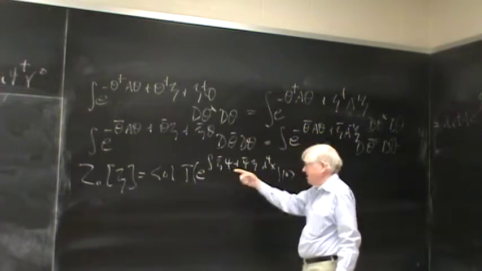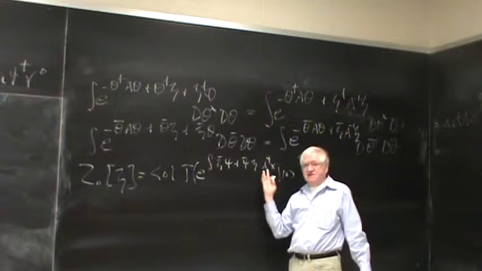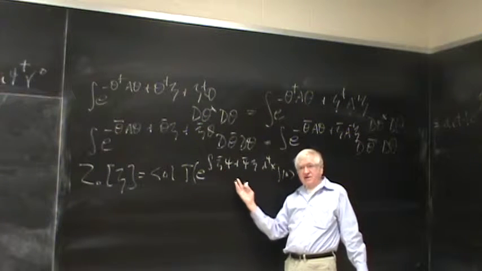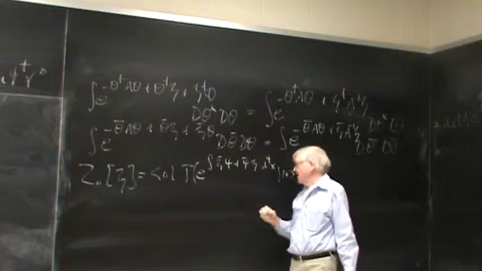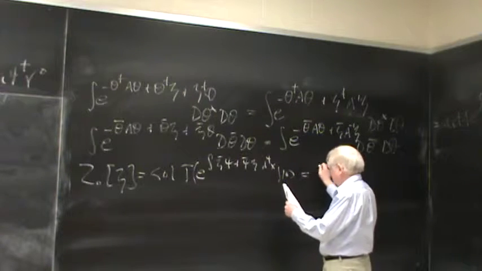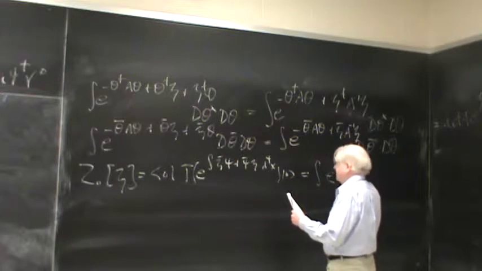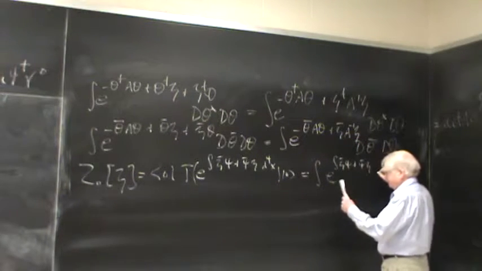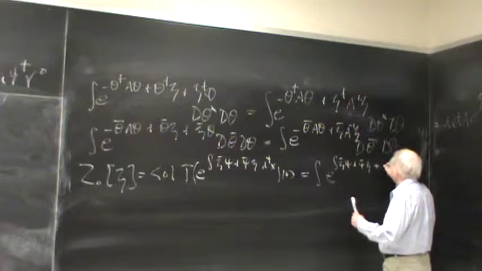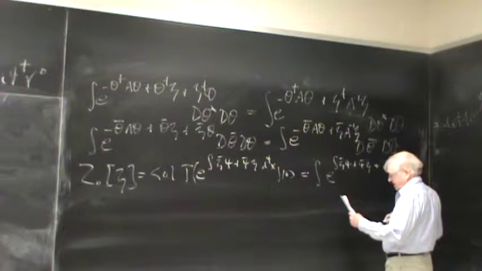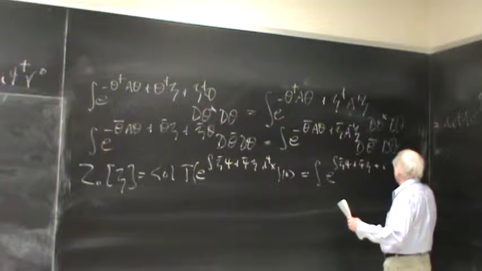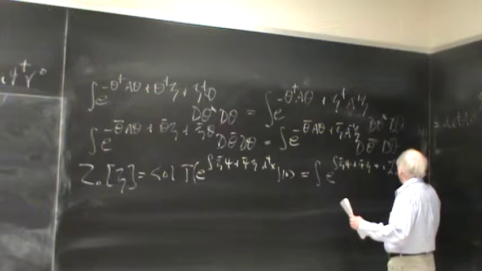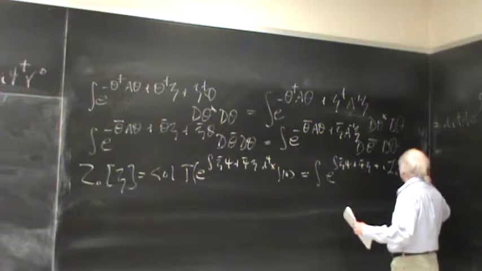And because this is all time-ordered and so forth, these things depend upon time, therefore there are time evolution operators, and so this thing is actually the integral of e to the integral of zeta bar psi plus psi bar zeta plus i, the fermionic action, which is, we can say, L0 of psi, with an epsilon, and then d4x.